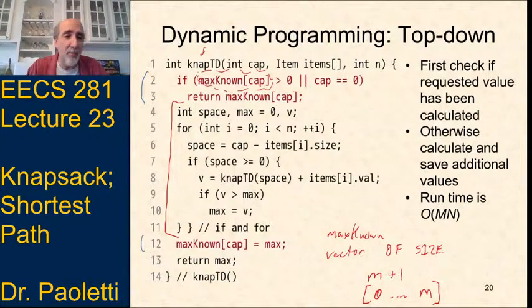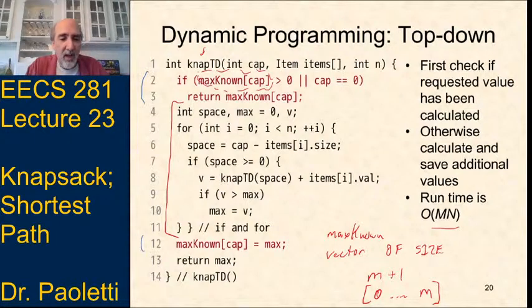Once I calculate the best way to do a given capacity, I store it in the array, a vector, and I never recalculate it. So I've got to figure out every capacity exactly once, and I have to run through every item and say, well, okay, for this capacity, could I take this item? So that's O of m times n.